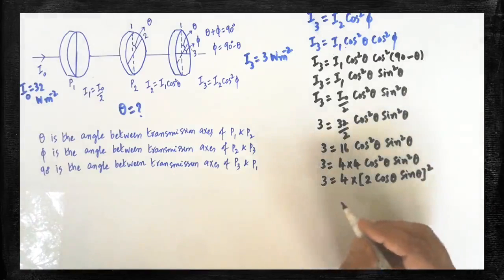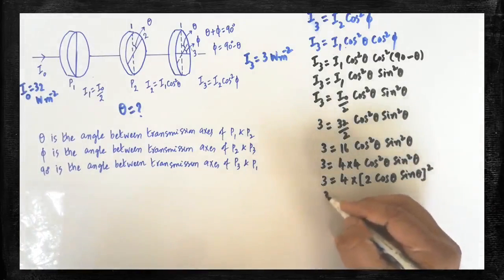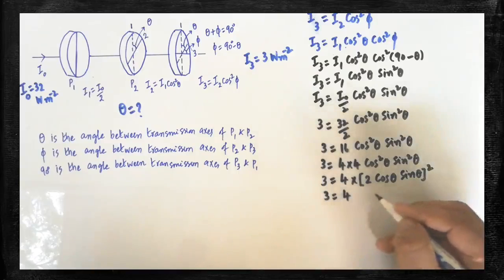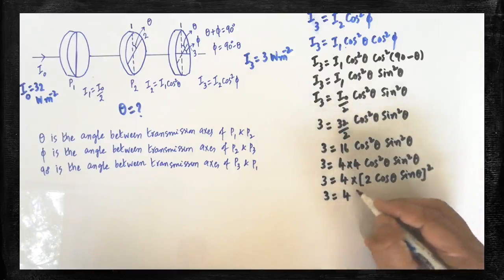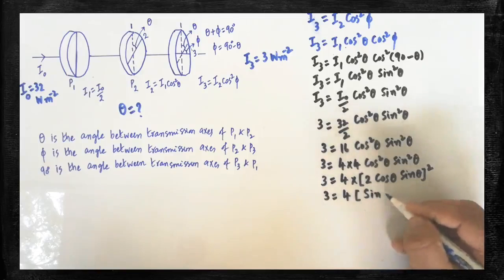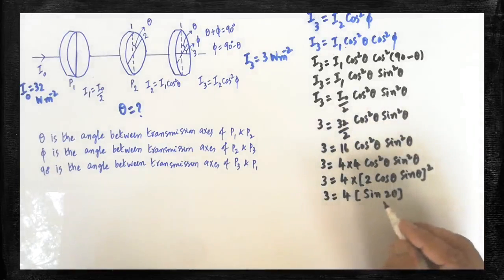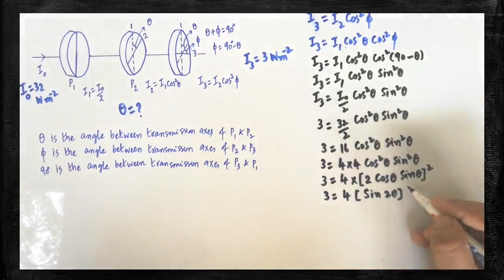Okay. 3 is equal to 4 into 2 cos theta sin theta, and 2 cos theta sin theta can be written as sin 2 theta. This is a trigonometrical formula. 2 cos theta sin theta can be written as sin 2 theta, whole square.